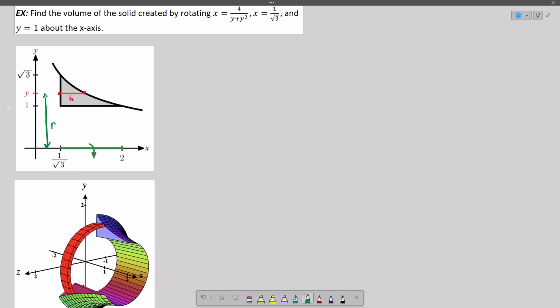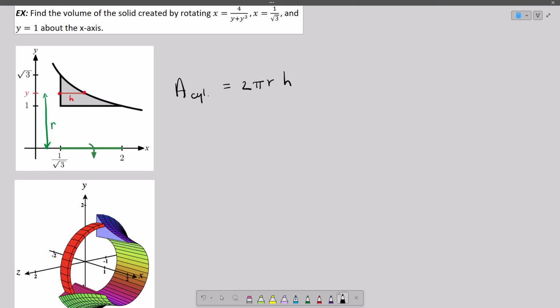So as soon as we see that that thickness is dy, we know that in our generic formula for a cylinder, which is 2 pi rh, these two generics have to be replaced with expressions that have a y in them. Because eventually we have to integrate the area with respect to y. So both those have to be turned into expressions with just y, no x's.